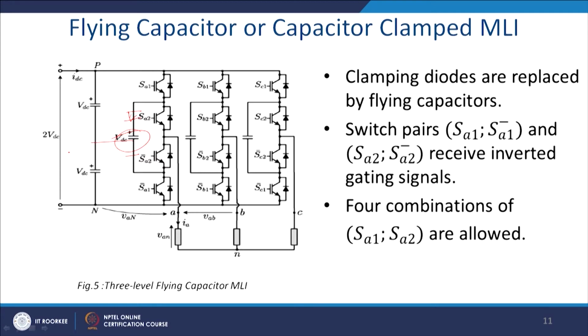So, for this reason, we look for a different multi-level solution, and that is the capacitor clamp, and here there is a little change in the logic. Generally we have seen that S1 and this one are complementary, and S2 and this one are complementary.